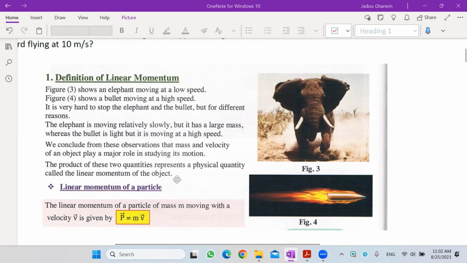So this is something new. It's not kinetic energy, it's not potential energy, it's the concept of how fast this object is moving, taking into consideration the mass of this object. The formula used is P equals m times v. P represents linear momentum, m represents the mass, and v represents the velocity.